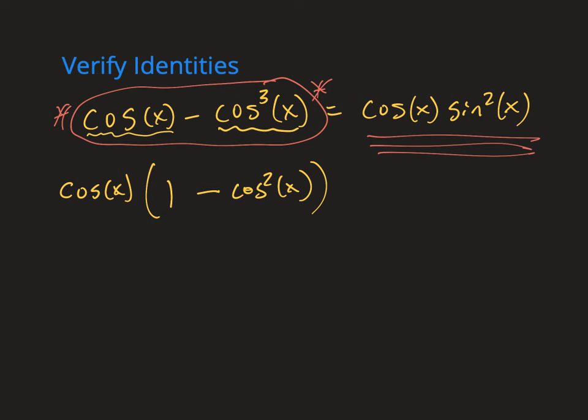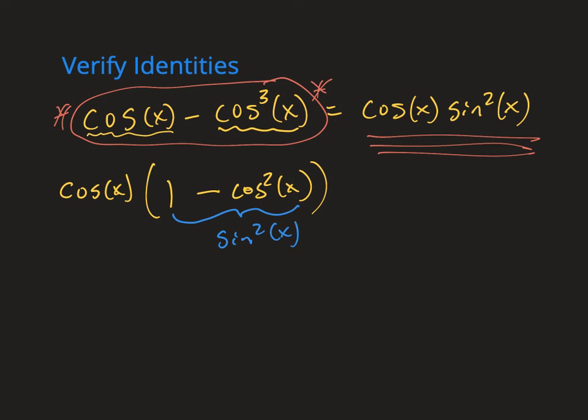So I used factoring to turn the original left side, cosine of x minus cosine cubed of x, into cosine of x times 1 minus cosine squared of x. In the last example, I showed you that 1 minus cosine squared of x can be turned into sine squared of x.